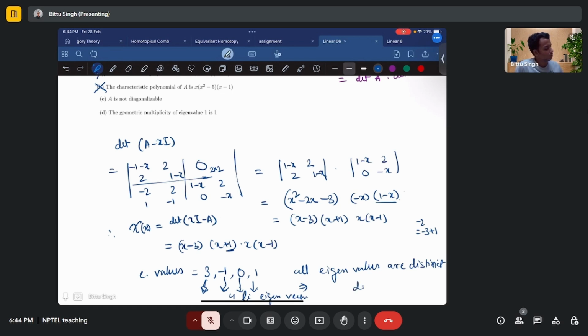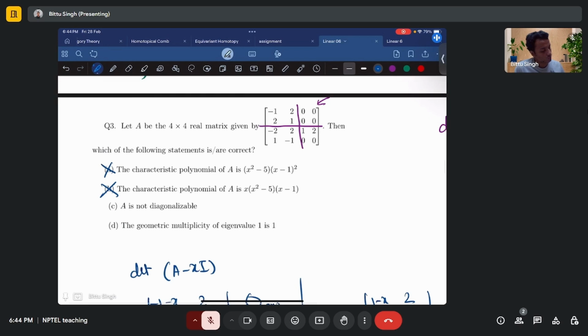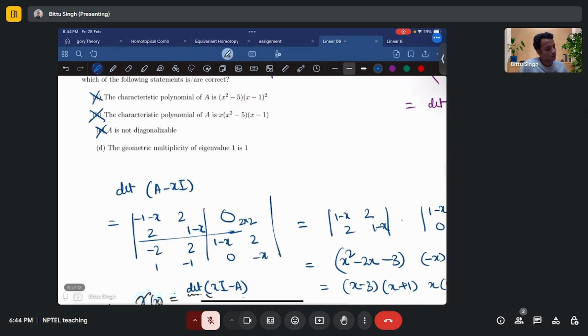So it is diagonalizable. So that option is incorrect, because A is diagonalizable.